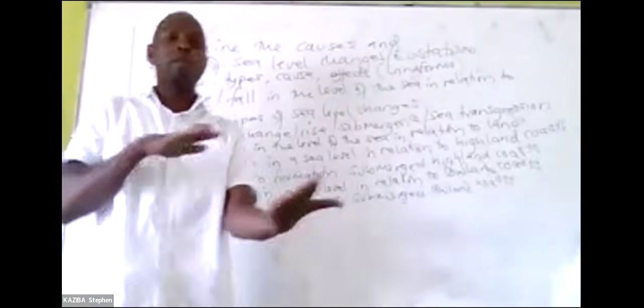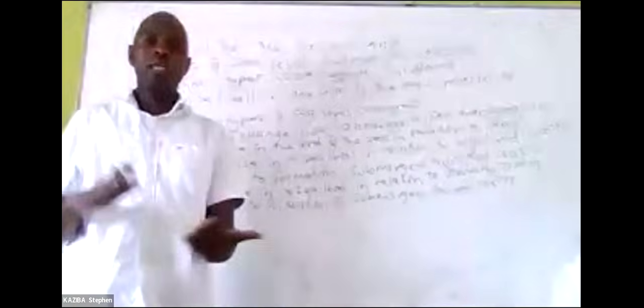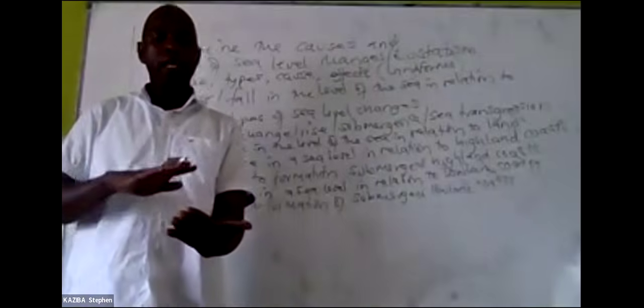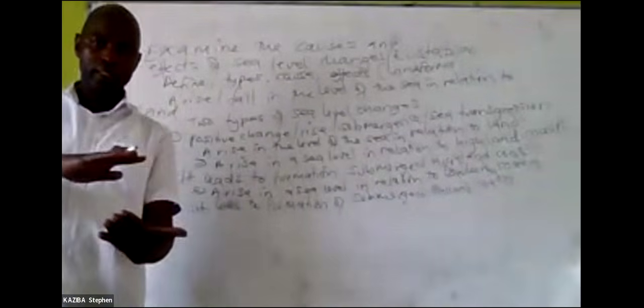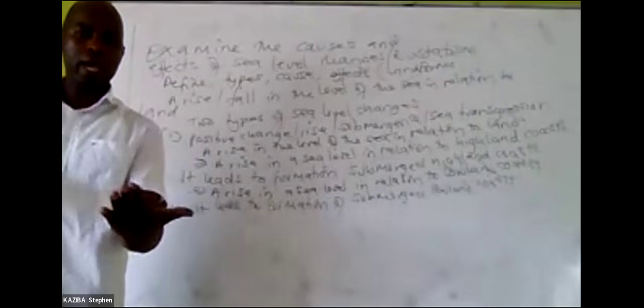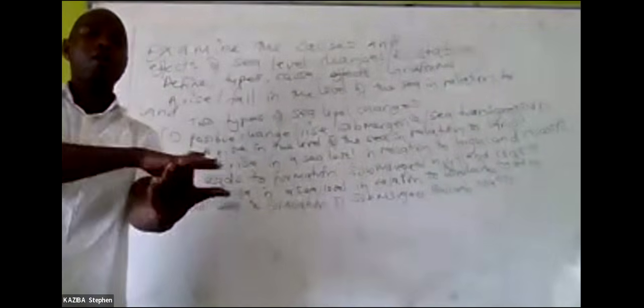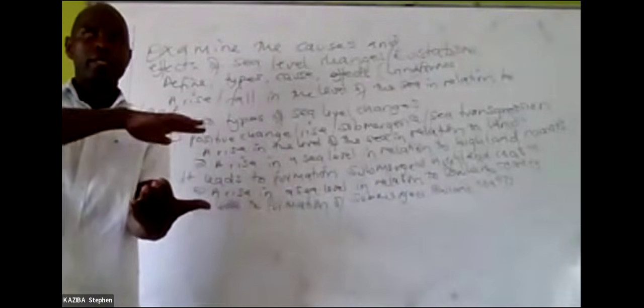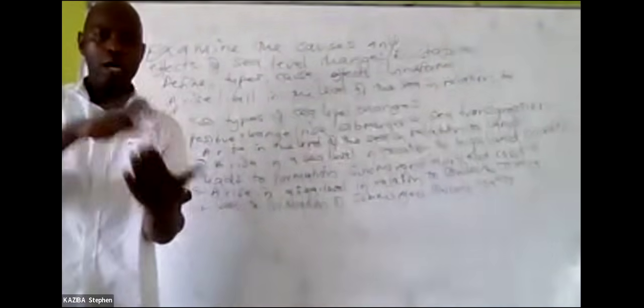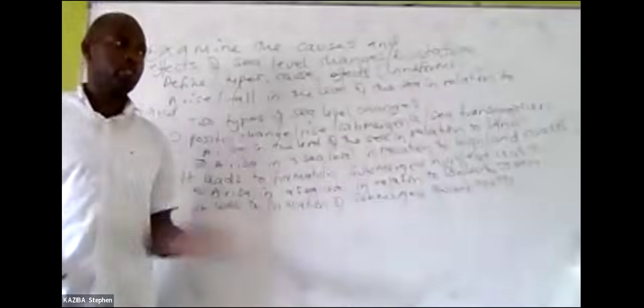So we shall have part of the highland covered by the water. That's why we say submerged highland coast. But if the water level rises and the neighboring area is a lowland, then part of the lowland will be covered. So we shall have formation of submerged lowland coast. That is under a positive change.